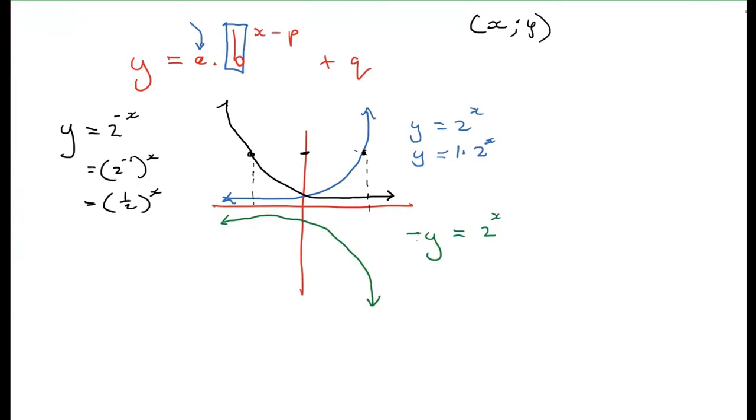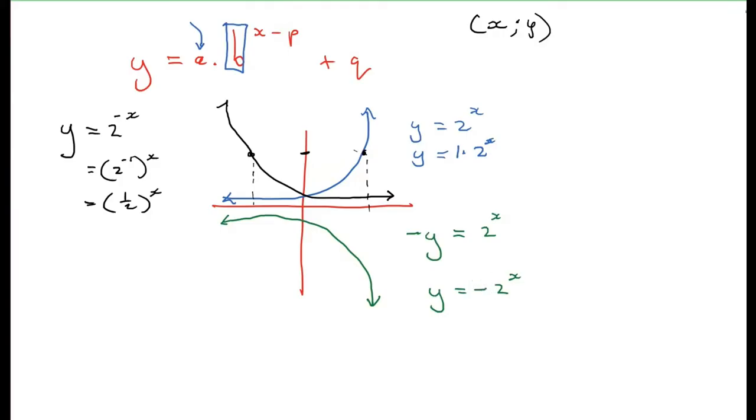So I'm literally going to make y negative. I don't leave it like that because we always make y the subject. So y will now equal negative 2 to the power of x. And that's why you can see that's actually the a value. The negative is held by the coefficient.